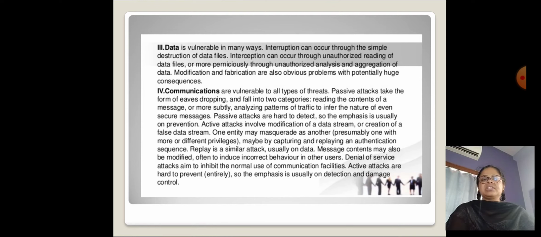Active attacks involve modification of a data stream or creation of a false data stream. One entity may masquerade as another, presumably one with more or different privileges, perhaps by capturing and replaying an authentication sequence. Replay is a similar attack, usually on data.